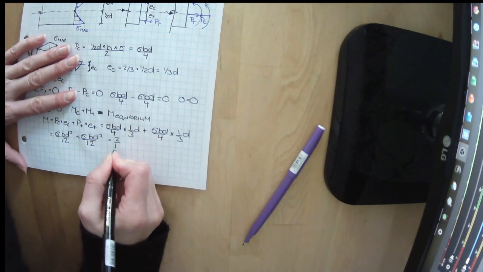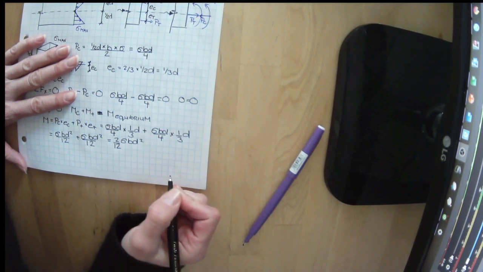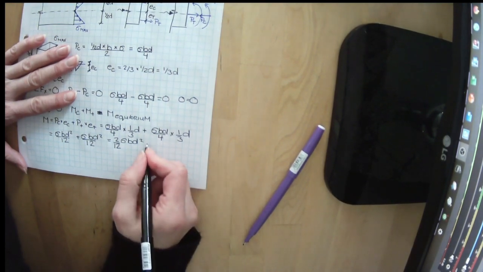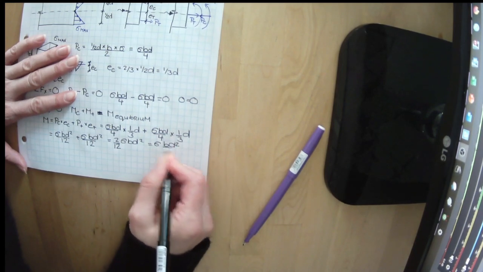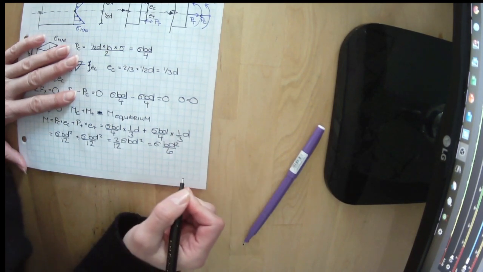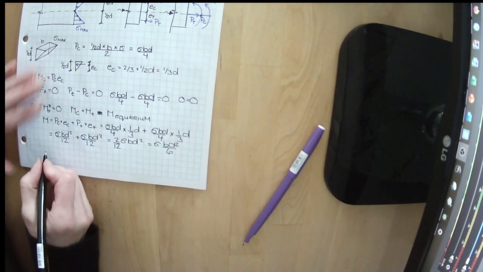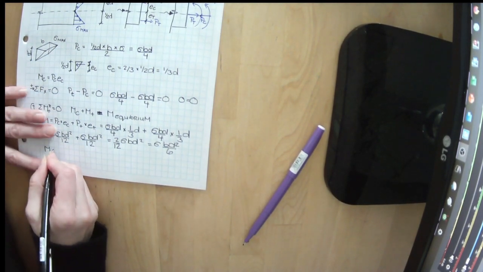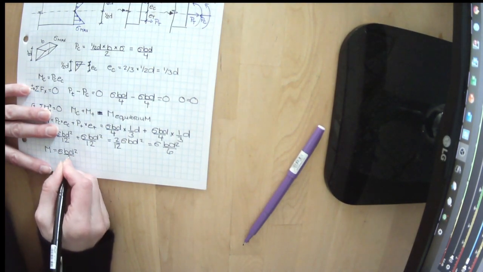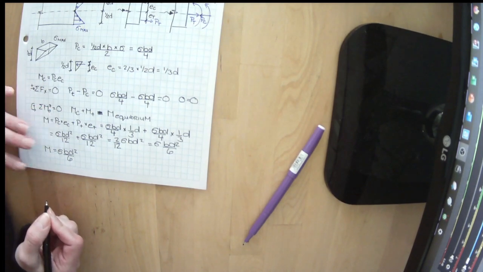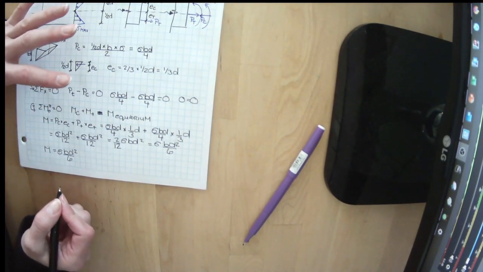We have 2 divided by 12, stress BD squared, or stress BD squared divided by 6. So to be in equilibrium, moment must equal stress BD squared divided by 6. We need this to be true to maintain equilibrium.